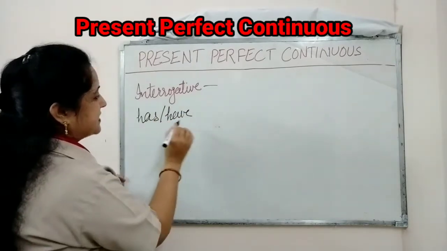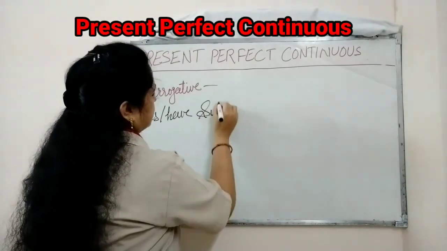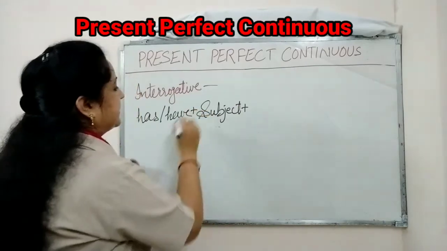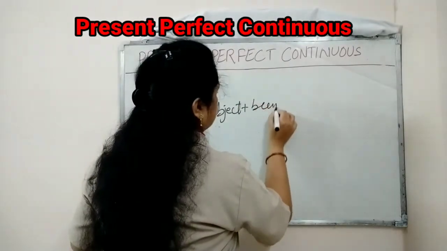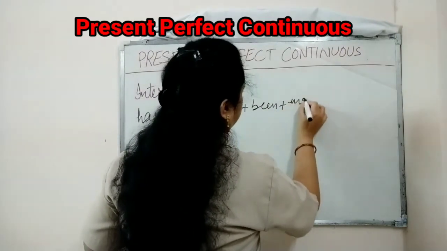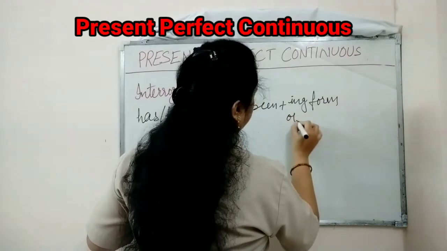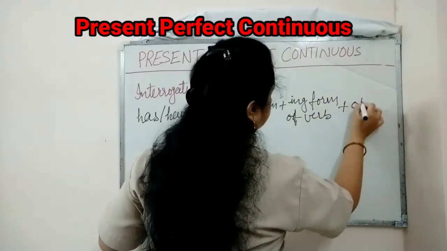After writing has or have, we'll write the subject, and after writing the subject, then we will write here been. Okay? Been, and then the ing form of the verb, and then the object.